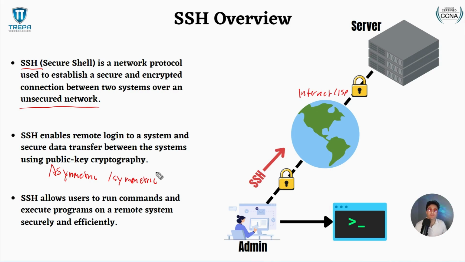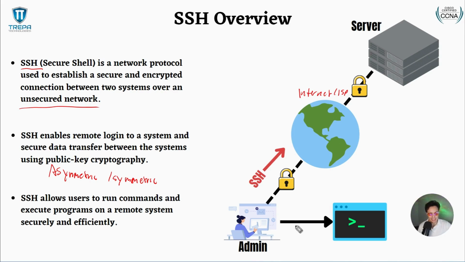But essentially you can use public key cryptography, so actually creating kind of like a certificate, and there are certain requirements you need to actually create those RSA keys. This becomes important when you're on the CLI, enabling SSH on your network device. And then SSH allows users to run commands and execute programs on remote systems securely and efficiently.